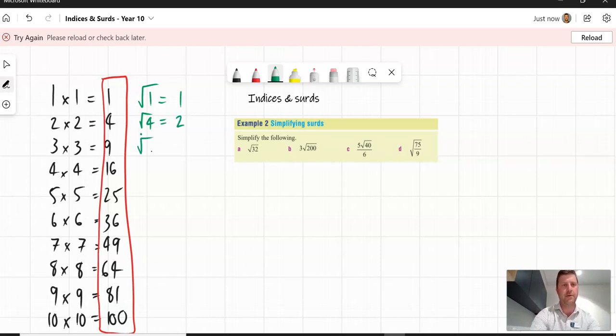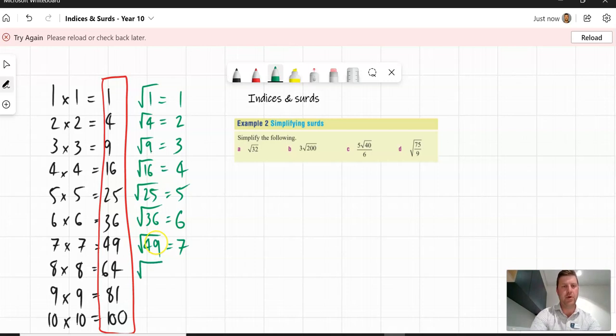The square root of 9 is 3. The square root of 16 is 4, etc. I'll quickly just go and fill this out. So what number multiplied by itself gives me 36? Well, it's 6 times 6. So 6 is the square root of 36.